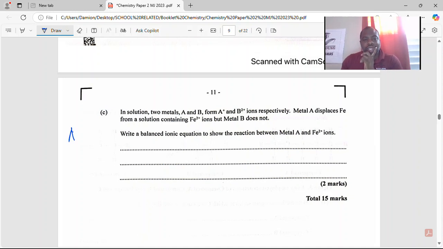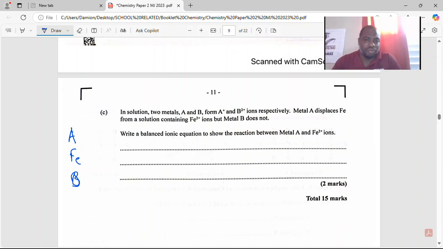So in terms of reactivity, we would have recognized that A is able to displace. And so we call that a single displacement reaction, where a more reactive metal is capable of displacing a less reactive metal. And that's what we saw when they spoke about A reacting with the solution that has iron 2 plus.